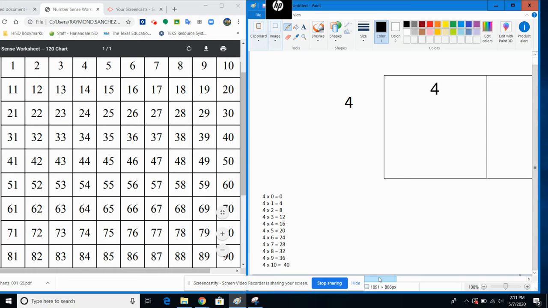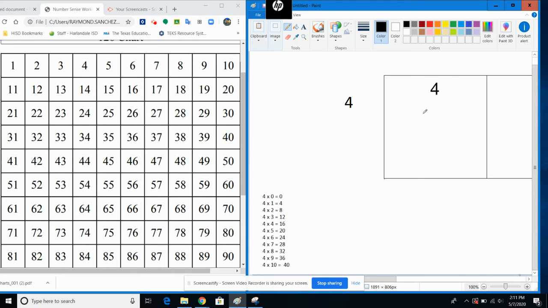Okay, so now we have to figure out in the hundreds place, how many times can 4 go into 4? If you look at your factors and products, you can see that in our hundreds place, 4 can go into 4 one time, because 4 times 1 equals 4.